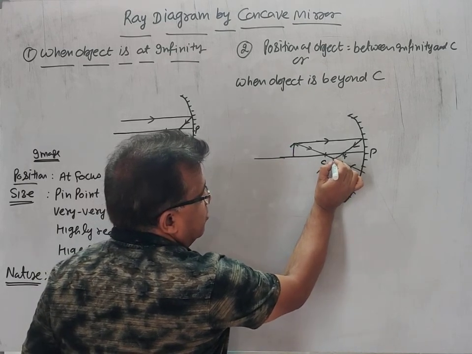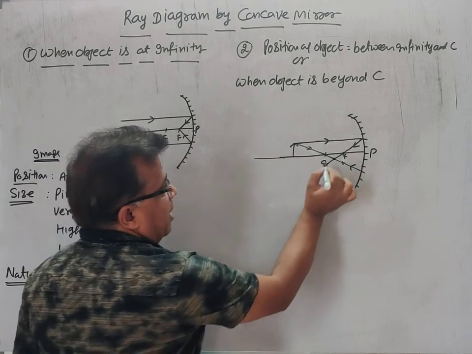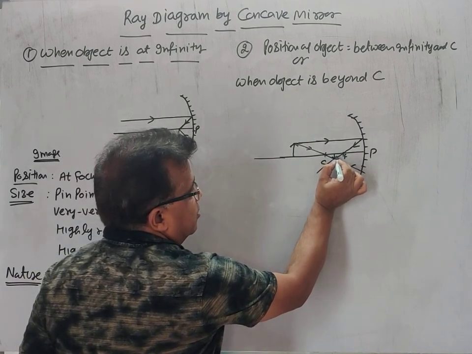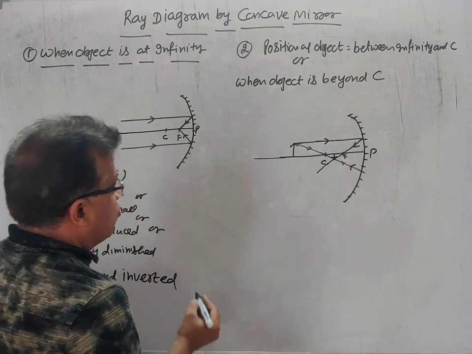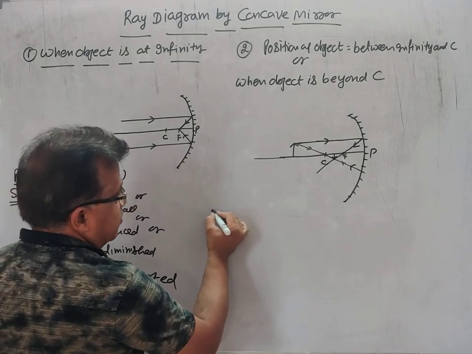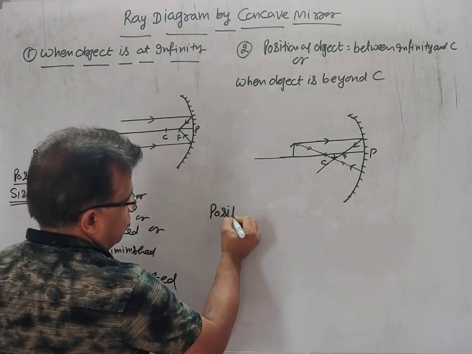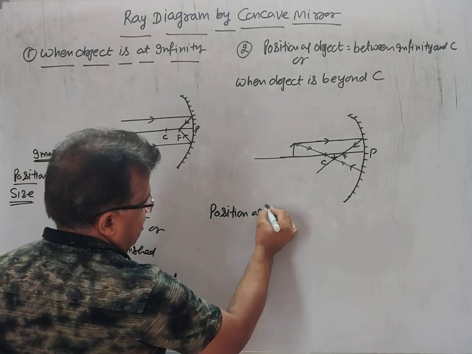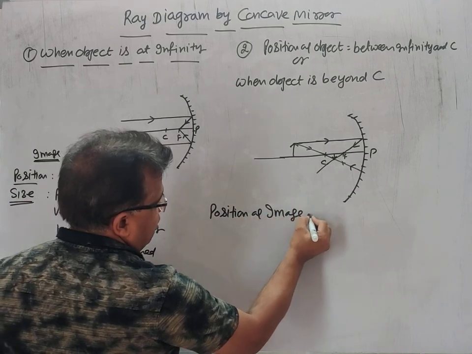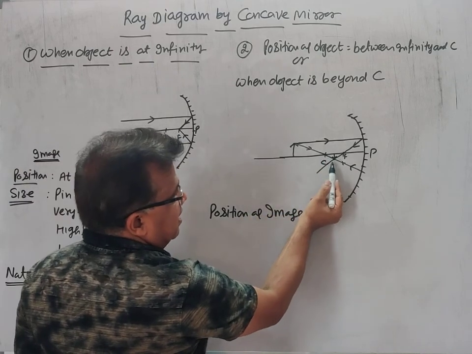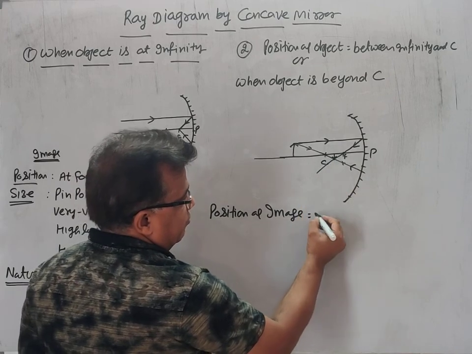So the image will be formed here, and we shall join it. This is the image. Now what about the image? The position of the image is between C and F. The image is formed between C and F.